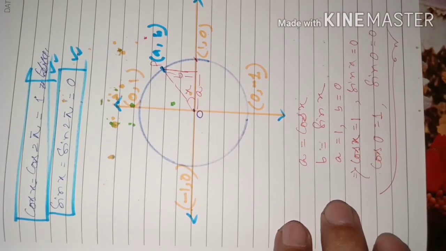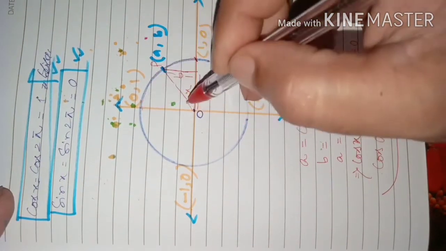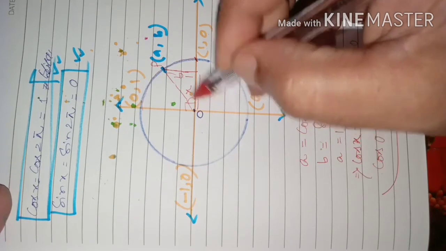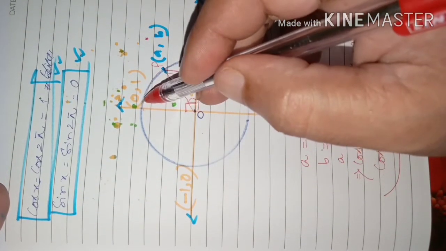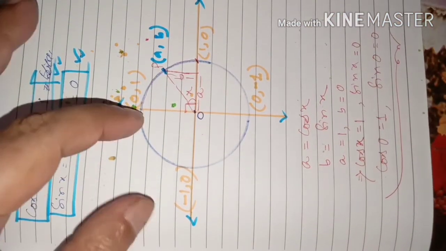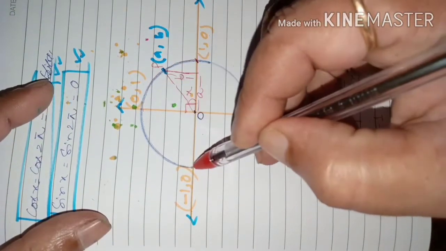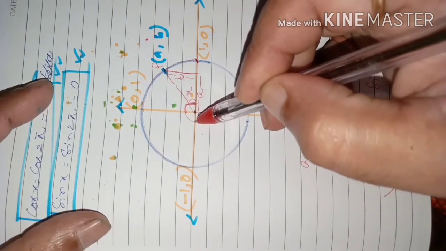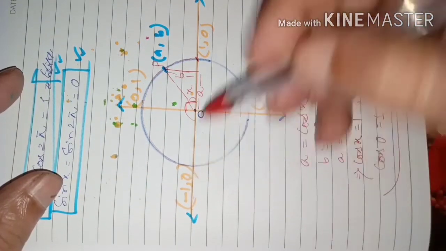Okay, dear students, when this arc subtends an angle of pi by 2, cos pi by 2 is 0 and sin pi by 2 is 1. When this semicircular arc subtends an angle pi, cos pi is minus 1 and sin pi is 0.